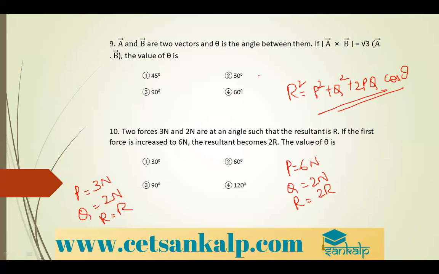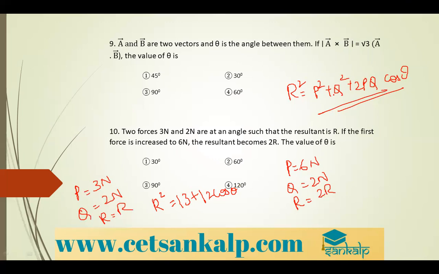Okay, now we will see. When you substitute all those values in this equation, in the first case you will get R squared is equal to 13 plus 12 cos theta. So first, 3 3s are 9, 9 plus 4 is 13.